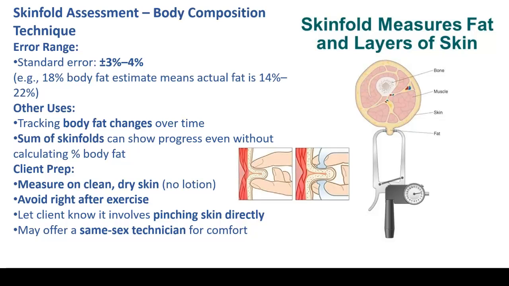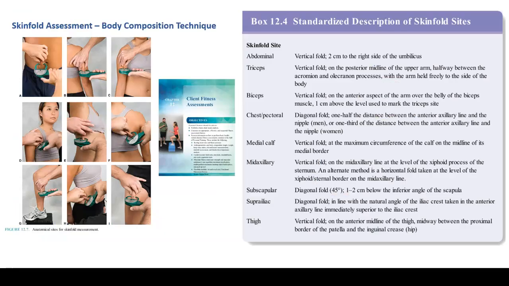Adding up the skinfold numbers before and after training helps show if fat is going down. We can see over here the skinfold points, the anatomical sites for skinfold measurements, and the standardized description of skinfold sites that we're going to practice in lab.